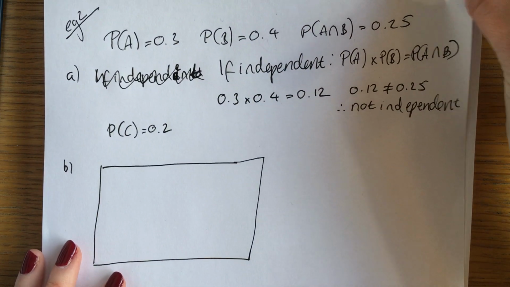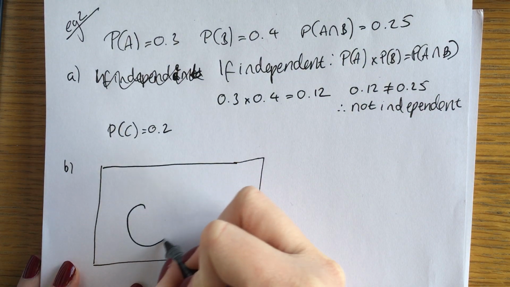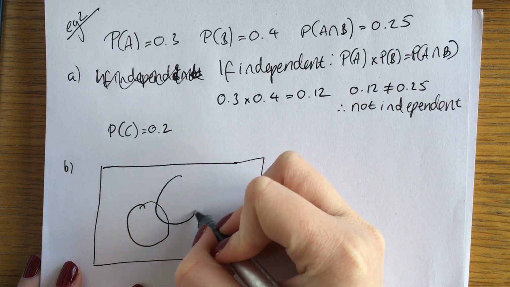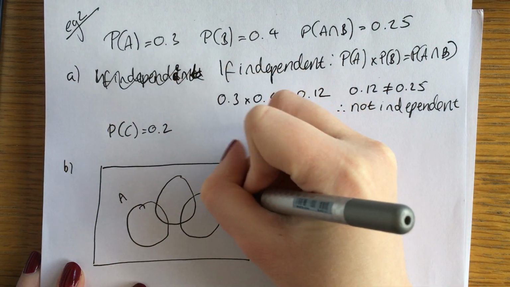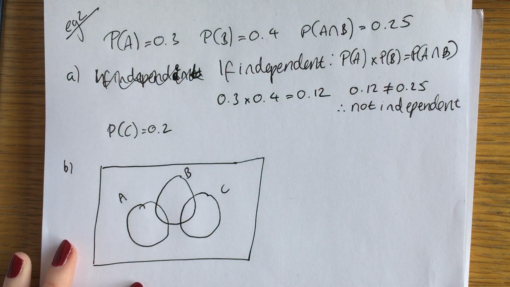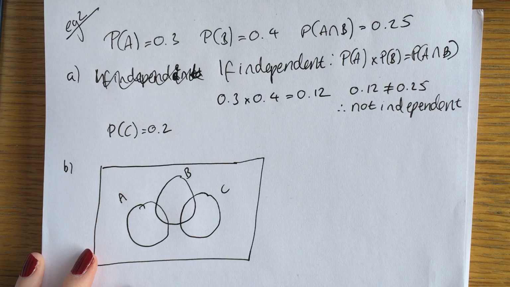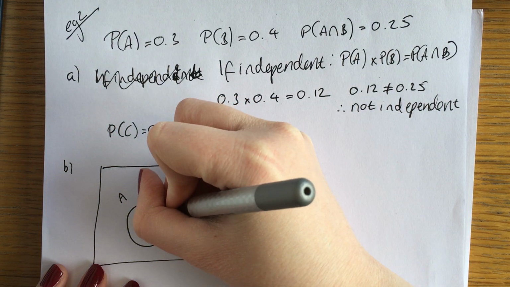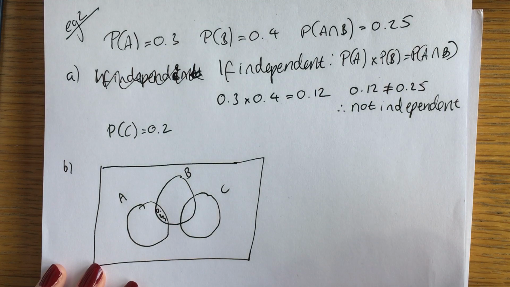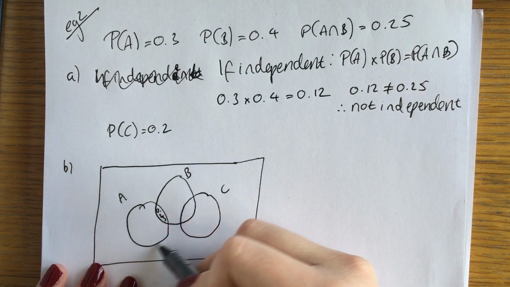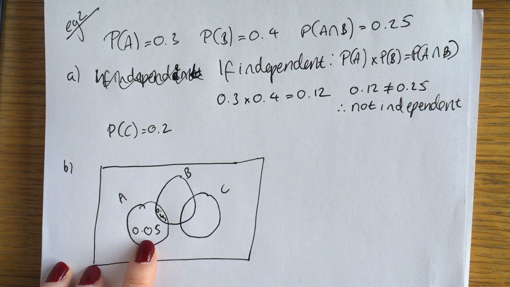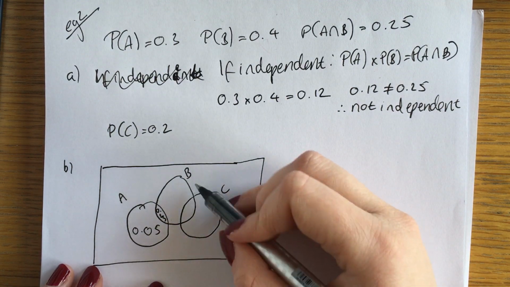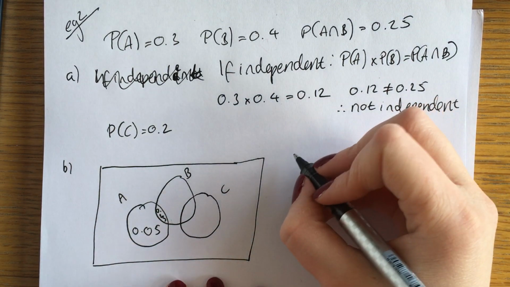So, A and C are mutually exclusive, which means that A and C do not overlap. So it's going to look something like this. Well, I know that A intersection B is 0.25. The probability of A is 0.3. So therefore, the probability of A completely on its own, not including B, must be 0.05. I know that B and C are independent.